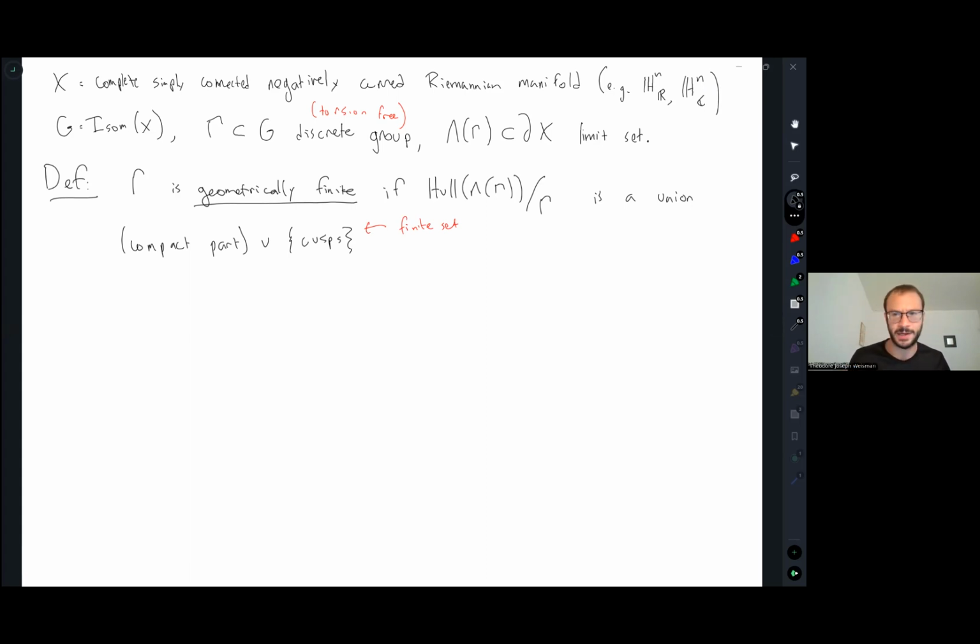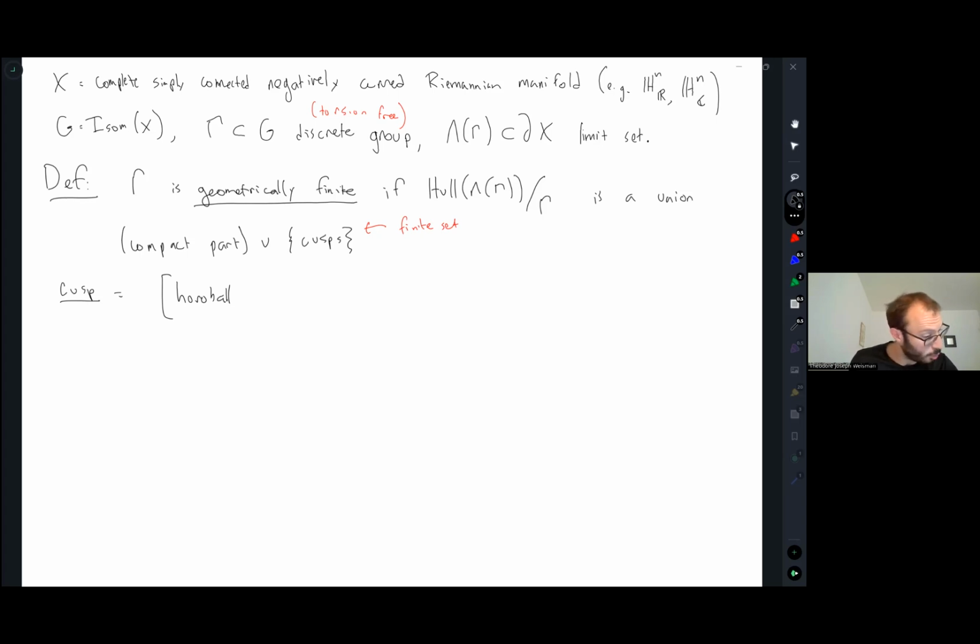So what exactly is a cusp? This is a little bit more complicated to define in this general situation than it was on the previous slide. But in general, what I mean by a cusp is something that looks like a horoball, which is always something that you can define in any space X, like the one that I've taken at the beginning of this slide.